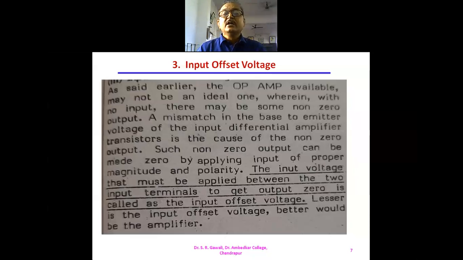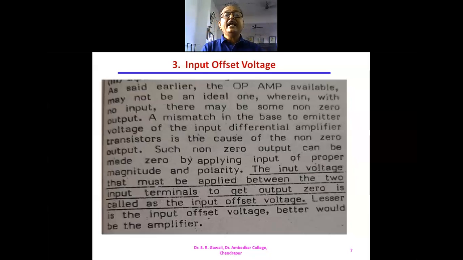So the input voltage that must be applied between the two input terminals, क्या होना चाहिए? The input voltage that must be applied between the two input terminals to get the output zero is called the input offset voltage. जितना इनपुट वोल्टेज अप्लाई करना पड़ेगा लेकिन वो प्रॉपर पोलैरिटी का और प्रॉपर मैग्नीट्यूड का अप्लाई करना होगा ताकि उसका जो आउटपुट है ऑपरेशनल एम्पलीफायर का ये जीरो मिलना चाहिए.